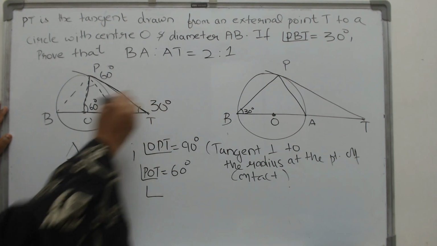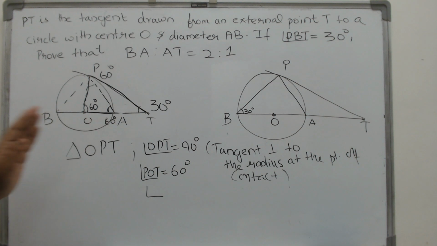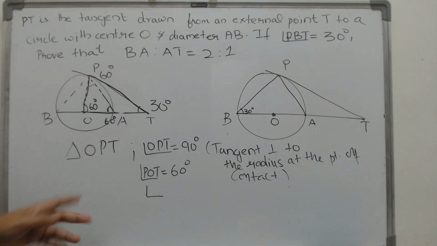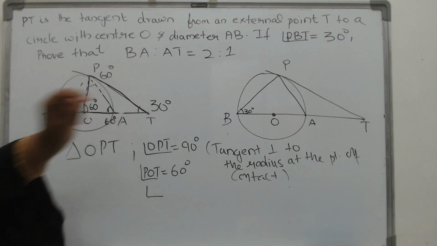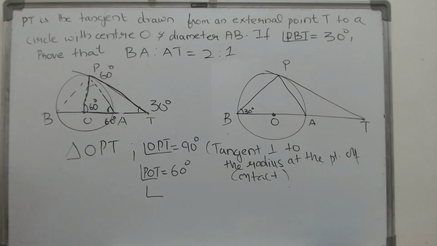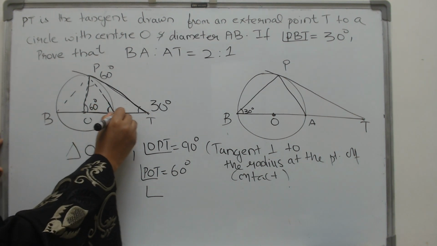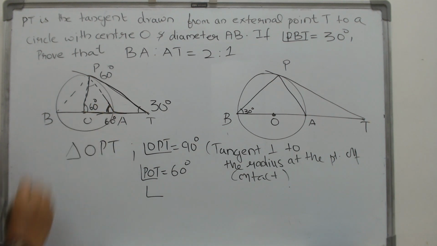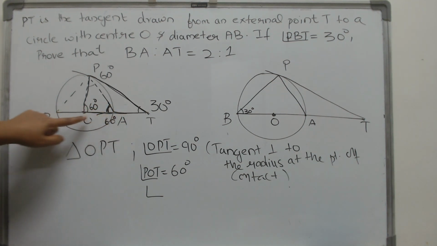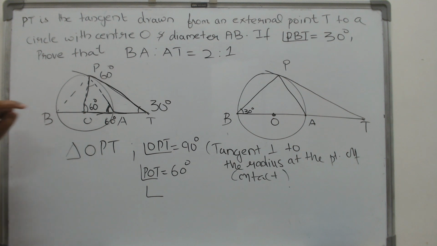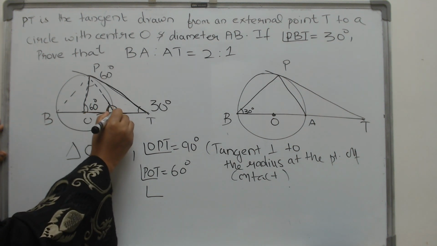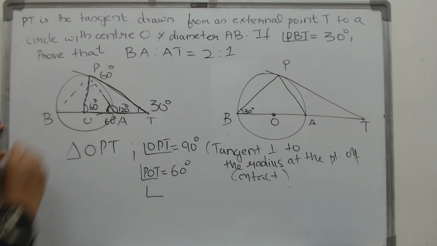It will be 30 degrees because the sum of the angles of a triangle is 180 degrees. What about this angle? See, this much is 60. It is a linear pair, a straight line, which means if this is 60, this will be 120 degrees.